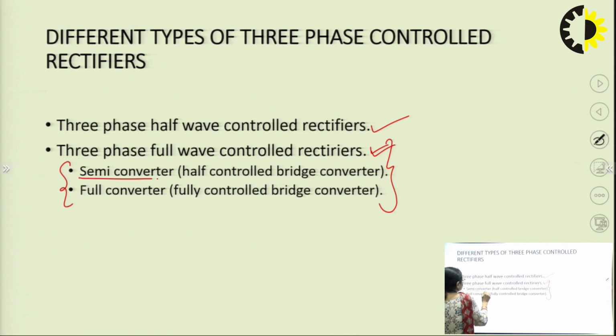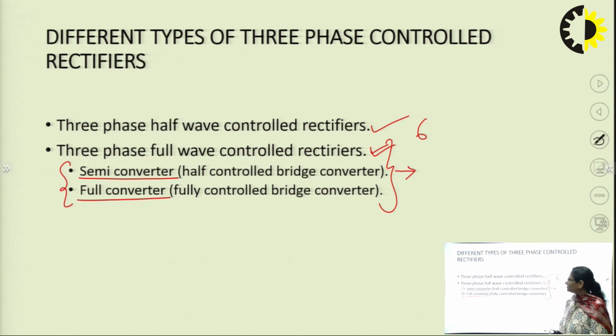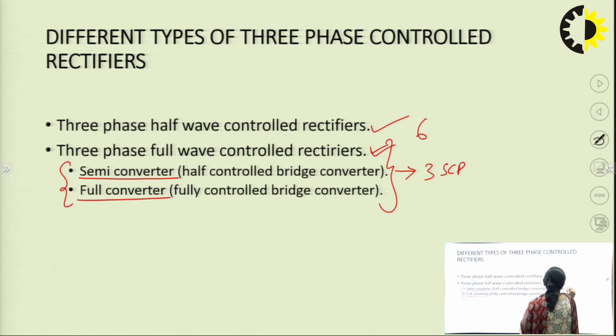We may have the semi-converter or full converter, just like with single phase supply. A three-phase bridge requires three switches or three SCRs in each group. The three-phase semi-converter, or three-phase half-control converter, is going to have three SCRs along with three diodes.